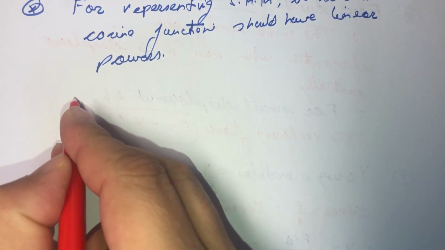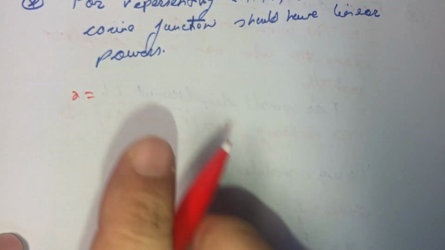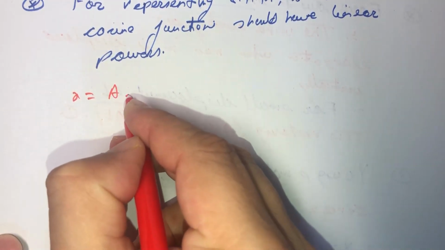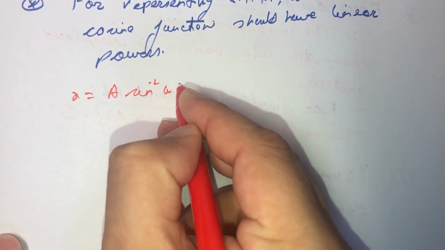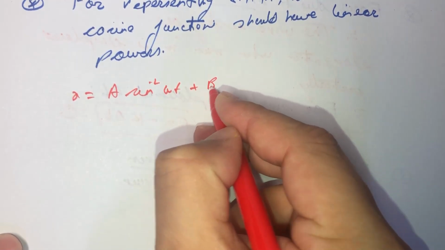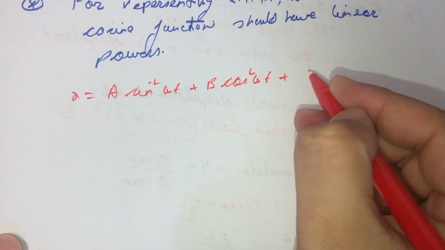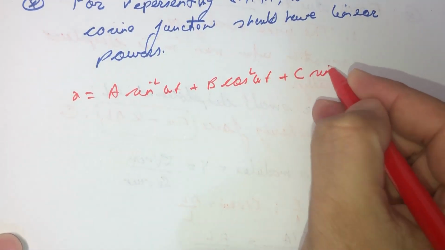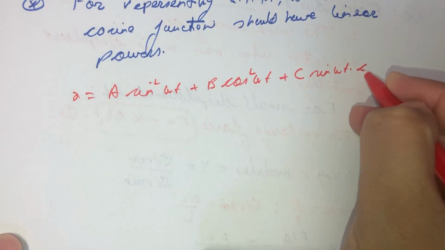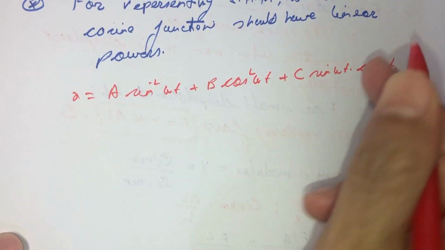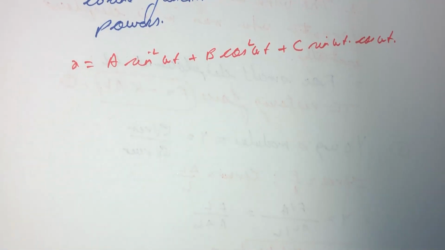So the given equation was x is equal to a sine square omega t plus b cos square omega t plus c sine omega t multiplied by cos omega t. So we are going to divide and multiply each individual expression by 2.